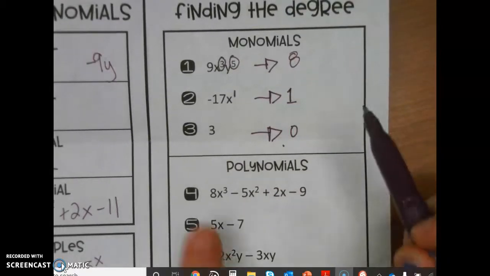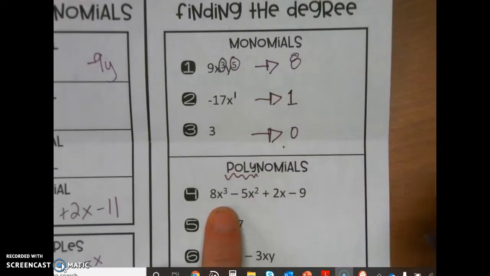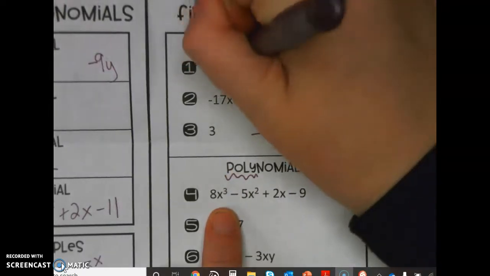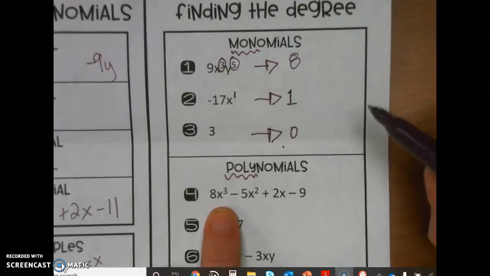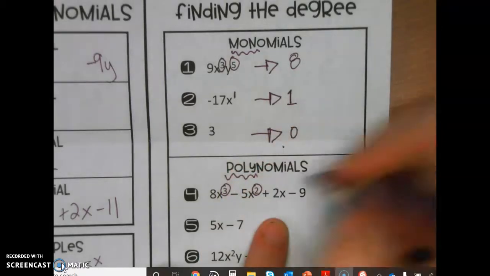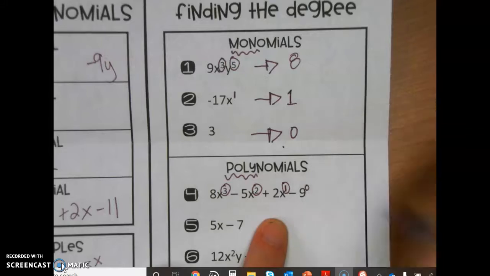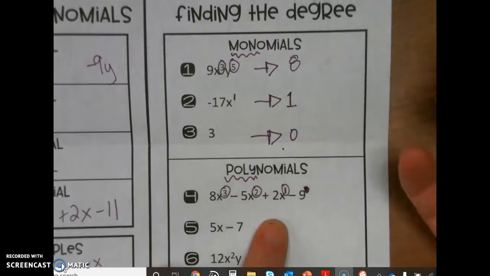Okay? Look at polynomials. Now, polynomials, the difference here is that we're going to look for the highest one. Okay? I've got 3, 2, there's a 1 here, and then there's a 0 here. But not an exponent 0, just there isn't a variable, so the degree is 0.